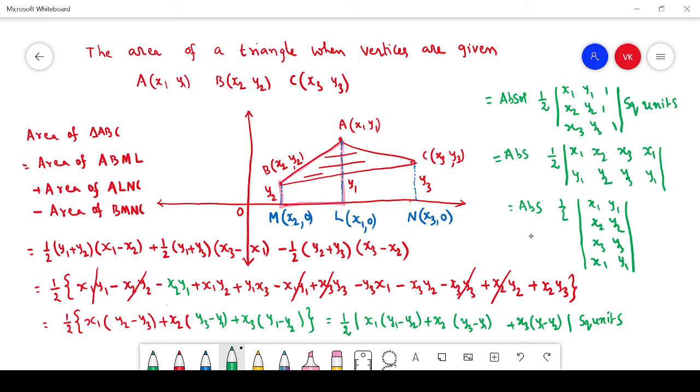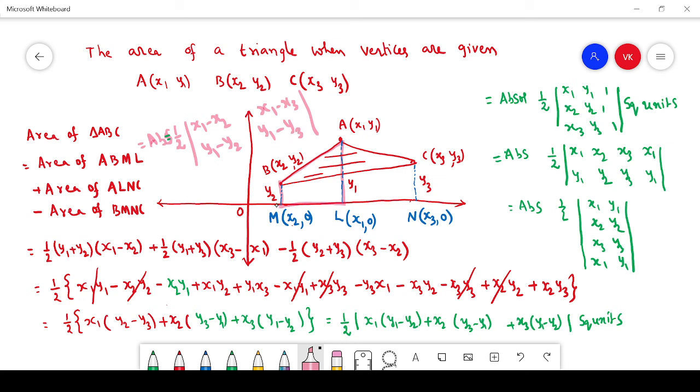In general, the convenient formula for me is half times (x1 minus x2)(x1 minus x3), (y1 minus y2)(y1 minus y3). I will use this formula, the absolute value of half times this. It is convenient and easy to remember: if I remember the numbers 12 and 13, that is x1 minus x2, x1 minus x3, y1 minus y2, y1 minus y3.